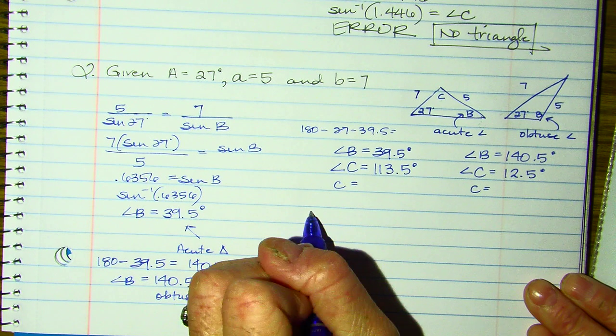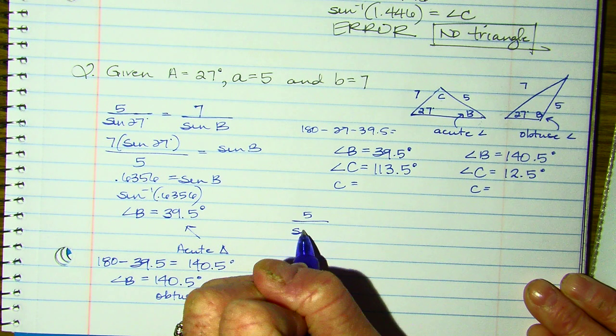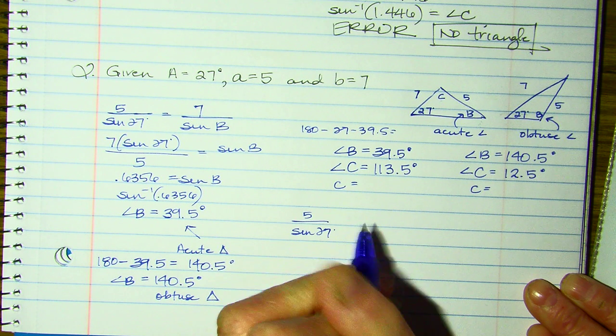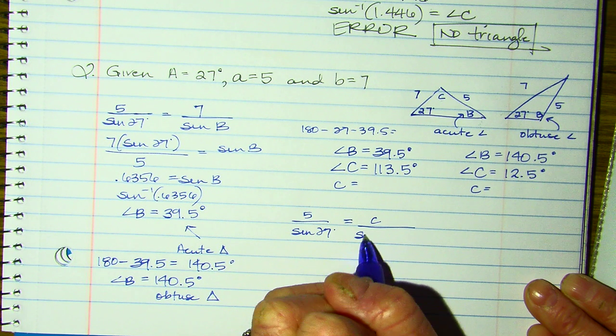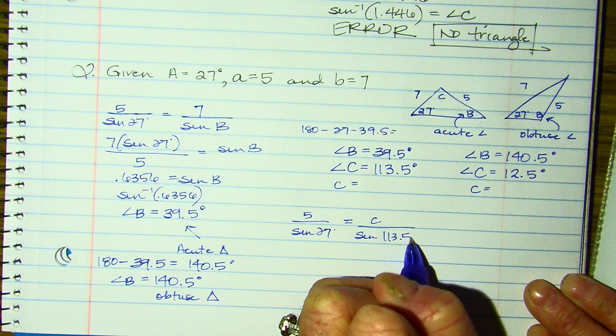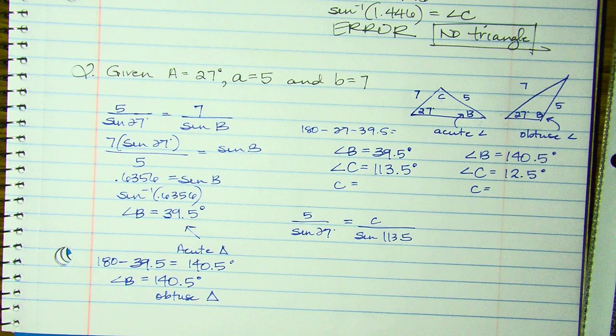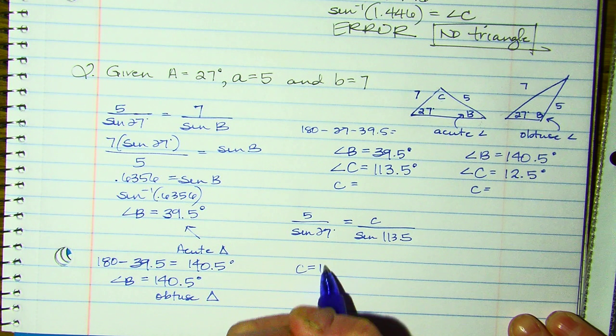You could use 5 over the sine of 27 degrees equals c over the sine of 113.5. So 5 times the sine of 113.5 divided by the sine of 27, c equals 10.1.